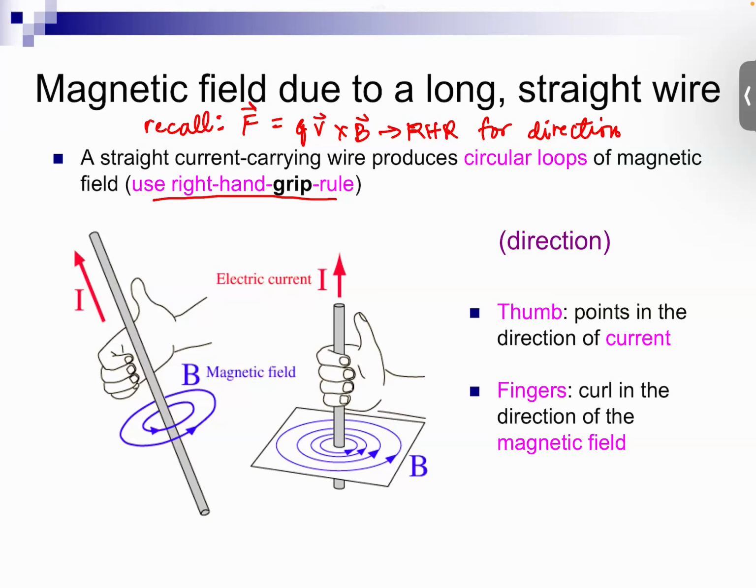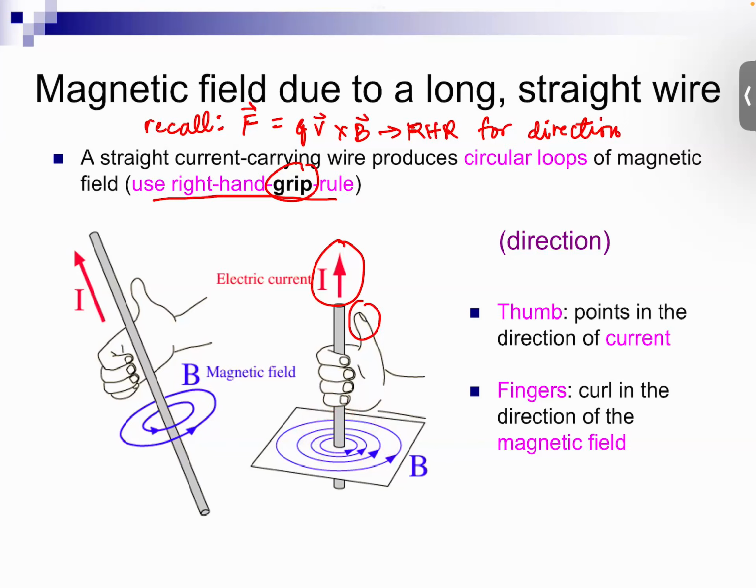For the direction of the magnetic field because of a current, the right-hand rule is you grip the wire such that the thumb points in the direction of the current flow, okay, and your fingers curl around in the direction of the magnetic field. And hence, that's why I want to call it the right-hand grip rule, because you're sort of gripping the wire in the direction of the magnetic field. And it's the direction of the magnetic field that you get.